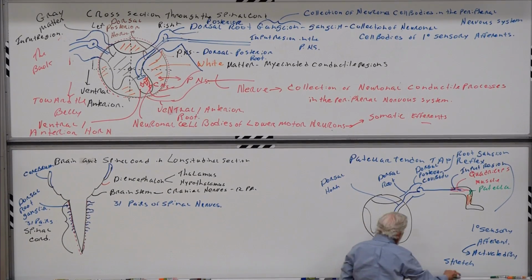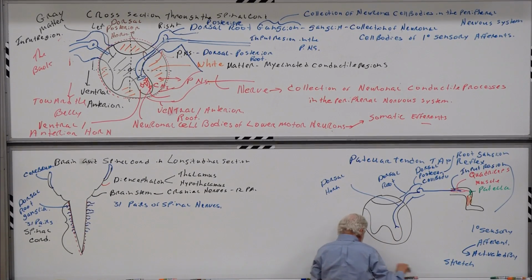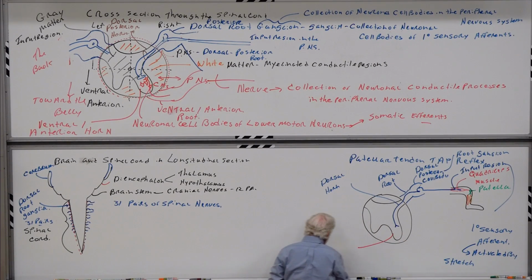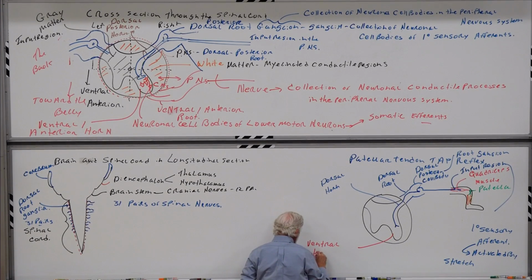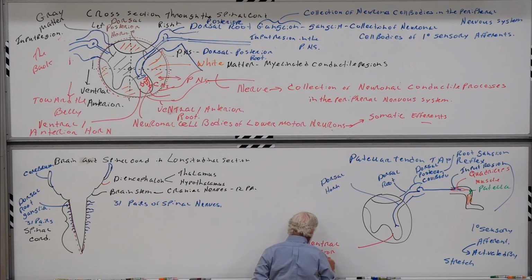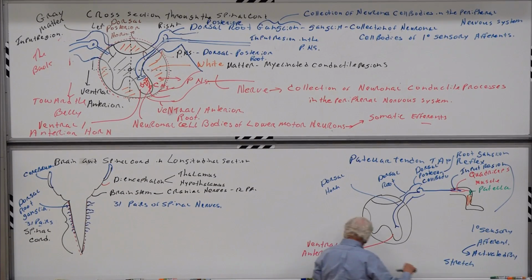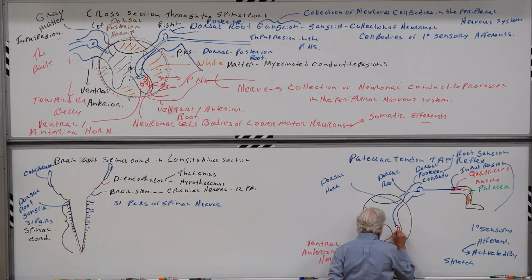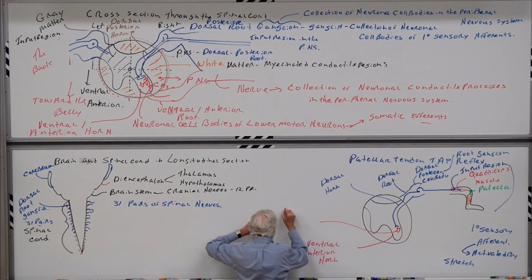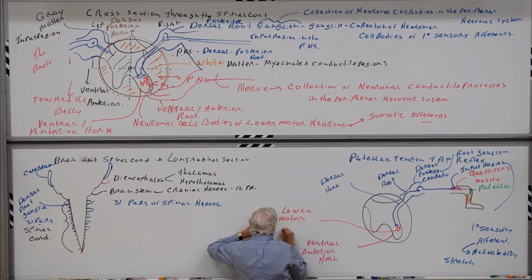That primary sensory afferent will extend all the way into this region down here, known as the ventral or anterior horn. In the anterior horn, that primary sensory afferent now synapses onto a lower motor neuron.